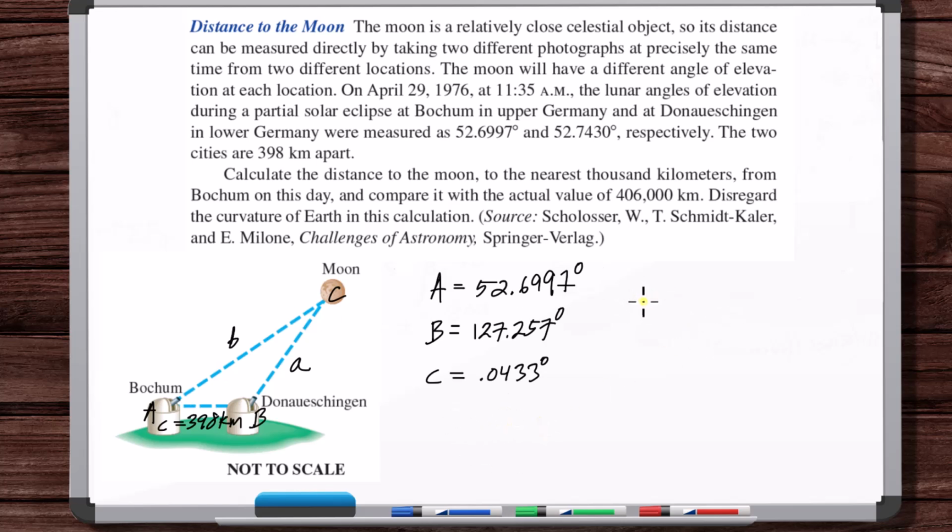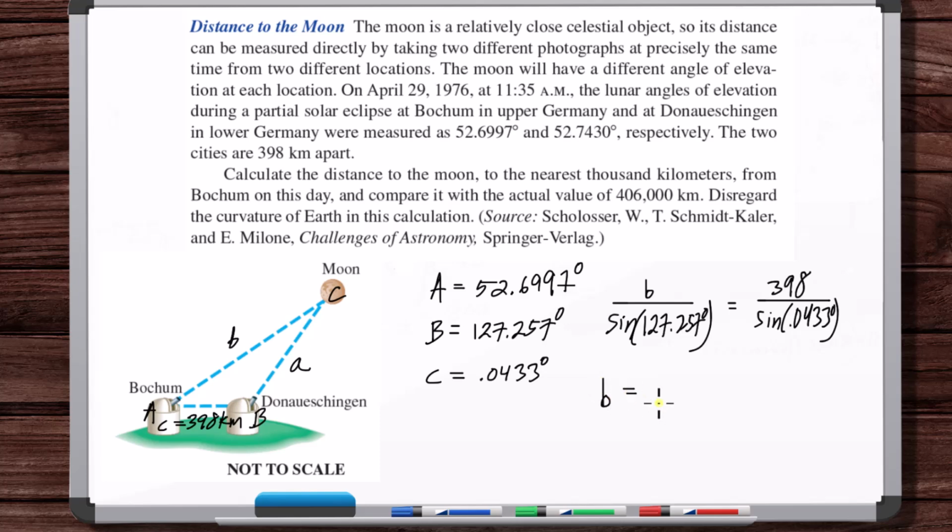So, side length b over the sine of 127.257 is equal to, now we can pick any other pair, but we only have side length c, so we have to use side length c. Side length c is 398 over the sine of 0.0433 degrees.